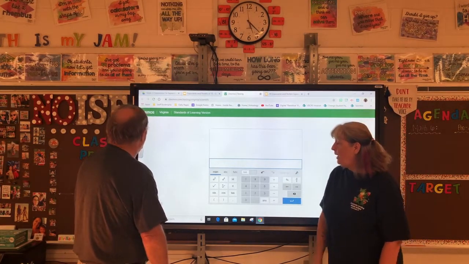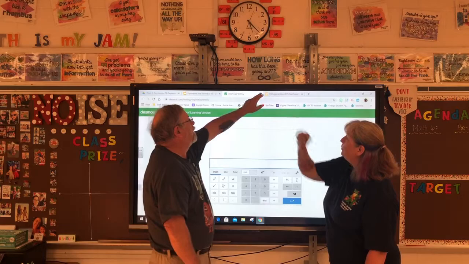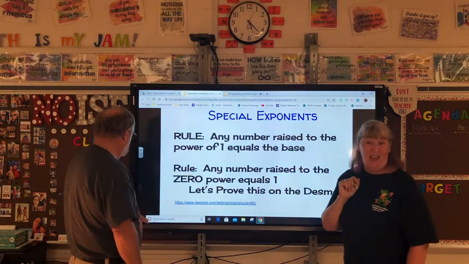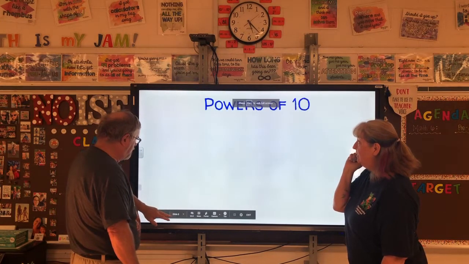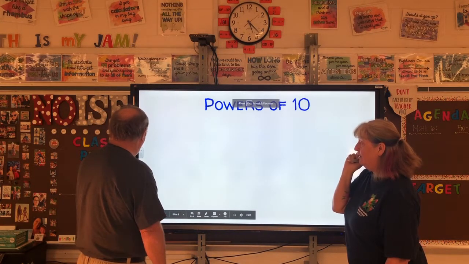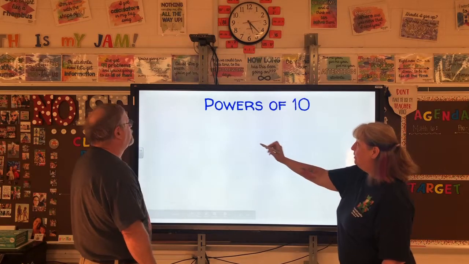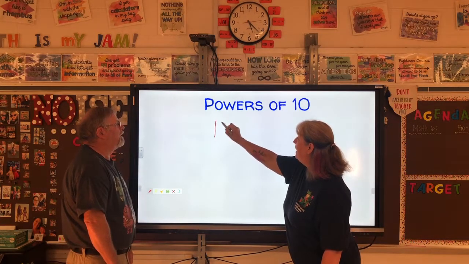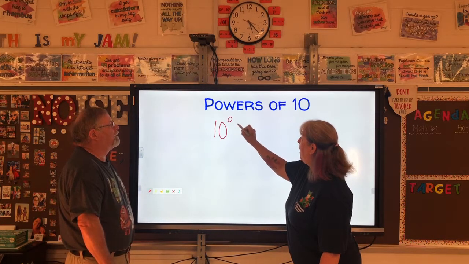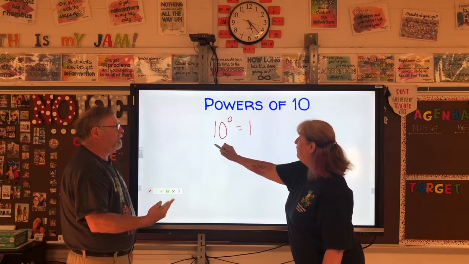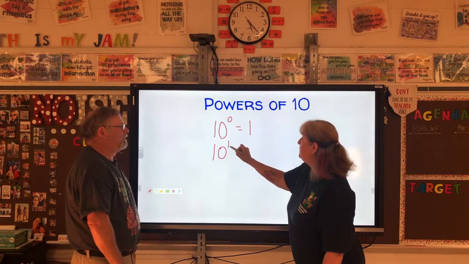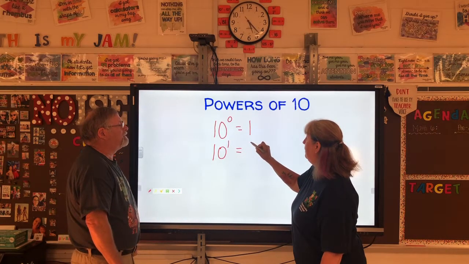We have one more example to work with, and that's powers of 10. So if we have 10 to the 0 power, we already know that, right? It's 1. And 10 to the first power is 10.